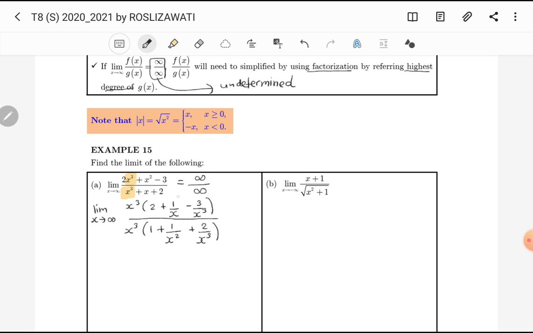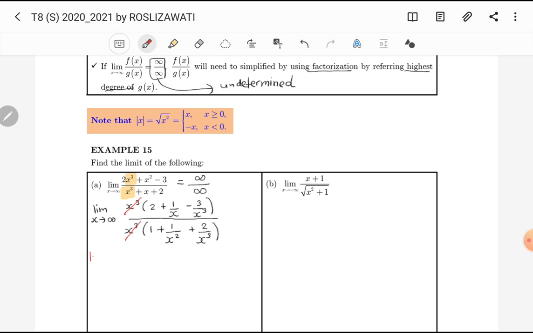Okay. So, awak cuba darab semula, awak akan dapat balik lah dengan yang atas. Ya. Okay. And then we have x cube divide by x cube. So, we can simplify.